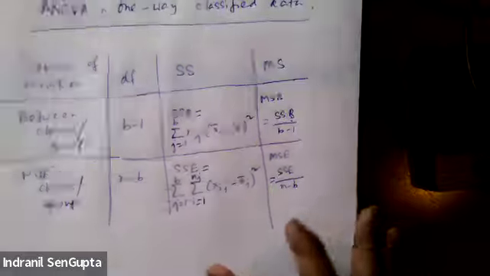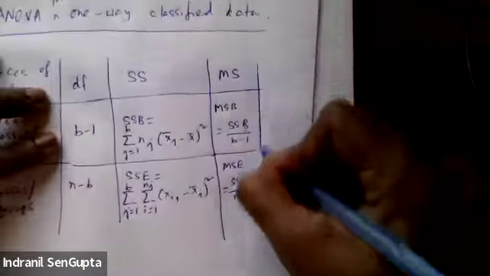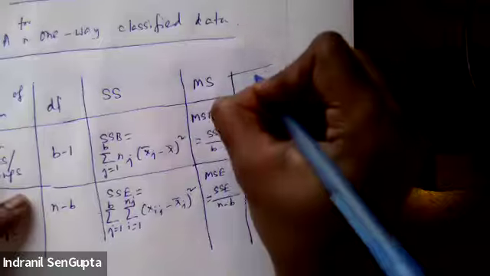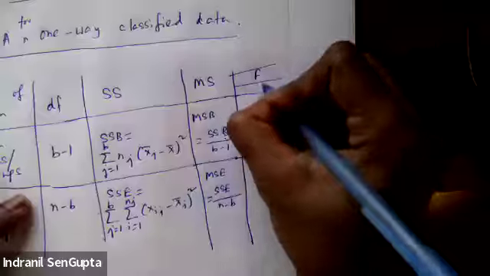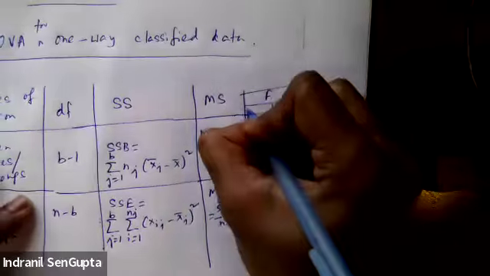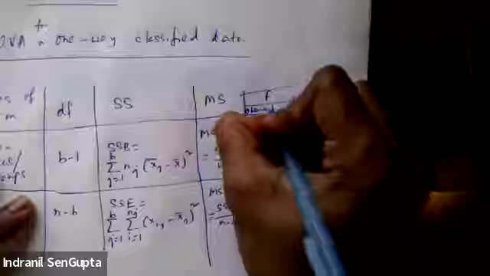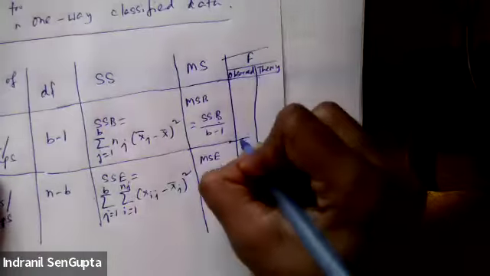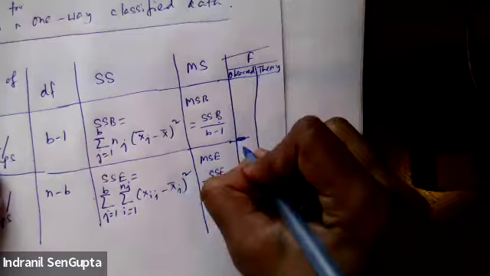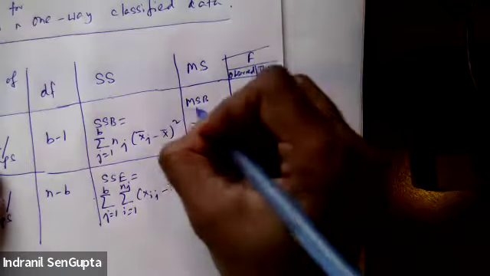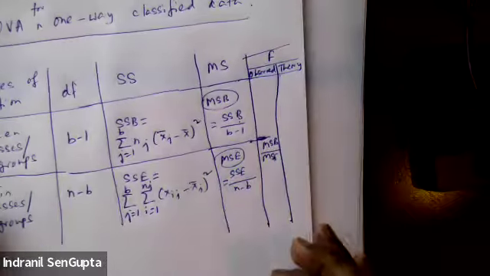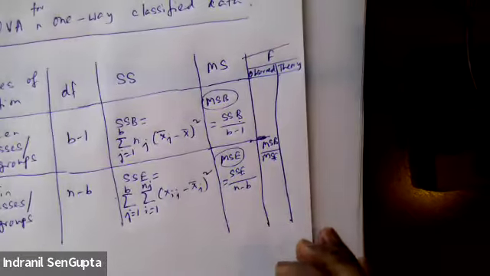Okay. You compute this, and then you have from here the F value to compute the observed, and here is the theoretical. What is the observed value? This is really MSB divided by MSE, right?